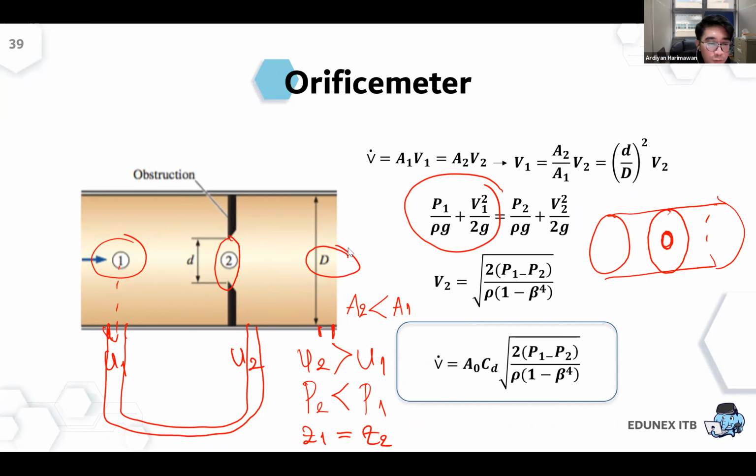What is the value of the velocity at this point compared to point 1? It's further away from the orifice. What will the velocity be? Is it higher, lower, or the same?